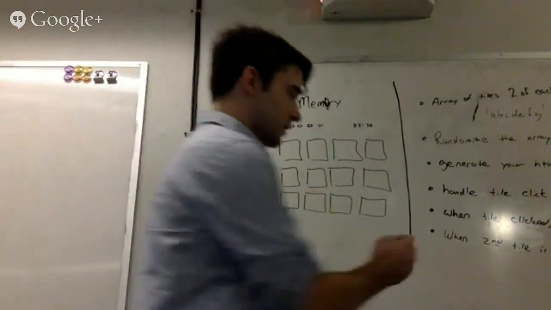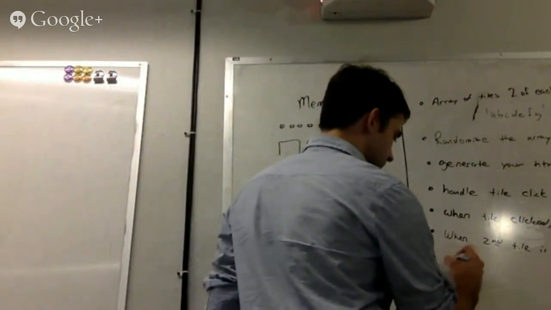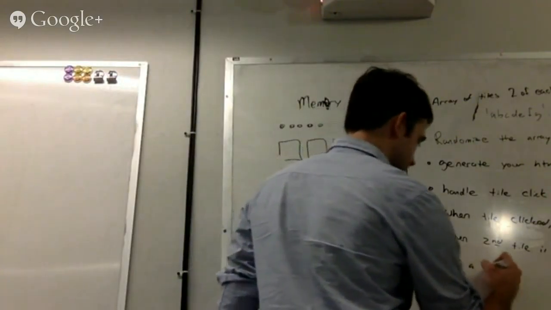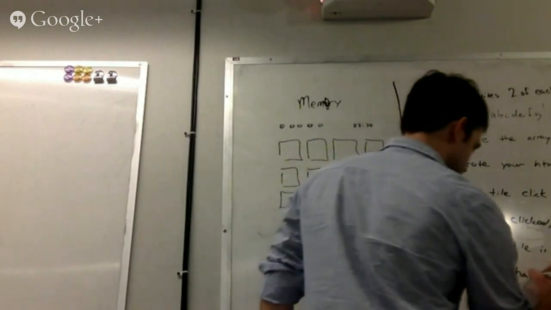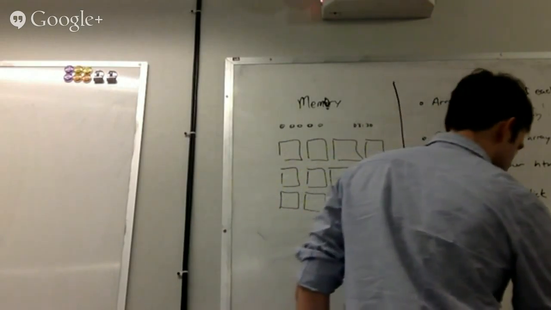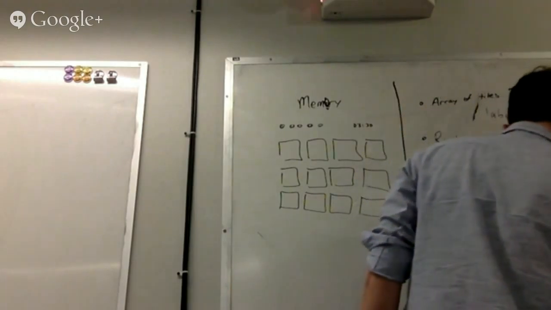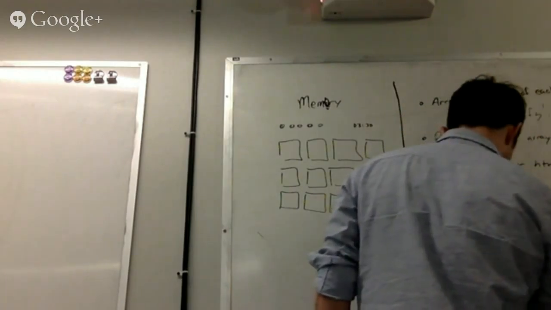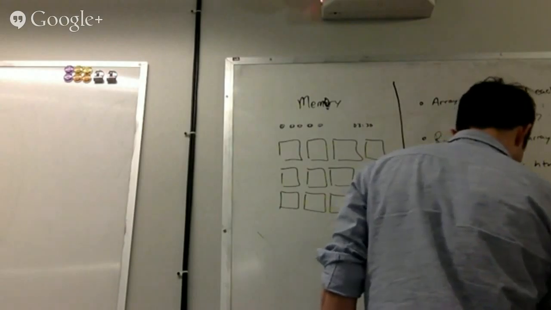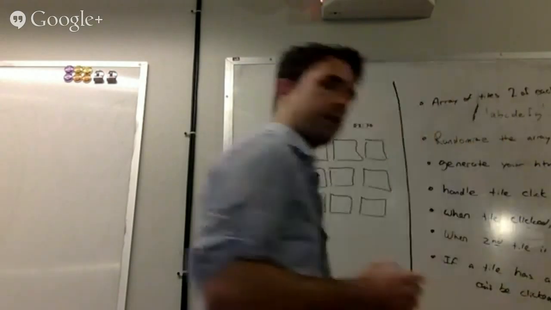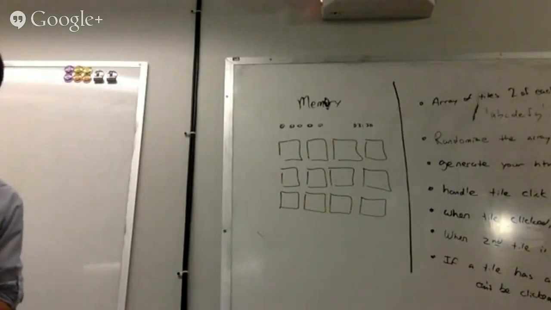So that's another thing you want to do: make sure that if a tile has a match, don't let them click it and flip it over again. It can't be clicked. So you've got to remember that. Does that make sense?